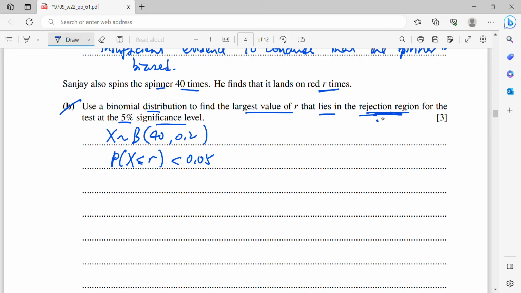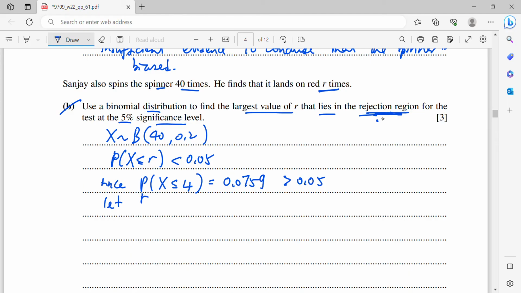Since P(X ≤ 4) just now we found 0.0759, and this value is greater than 0.05, that means we cannot consider R as 4. We must consider the R which is less than 4. So we let R be 3.